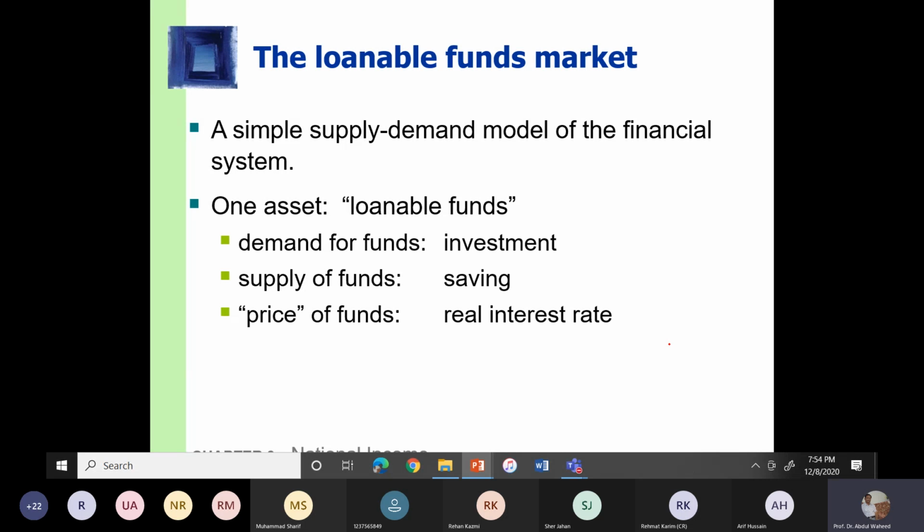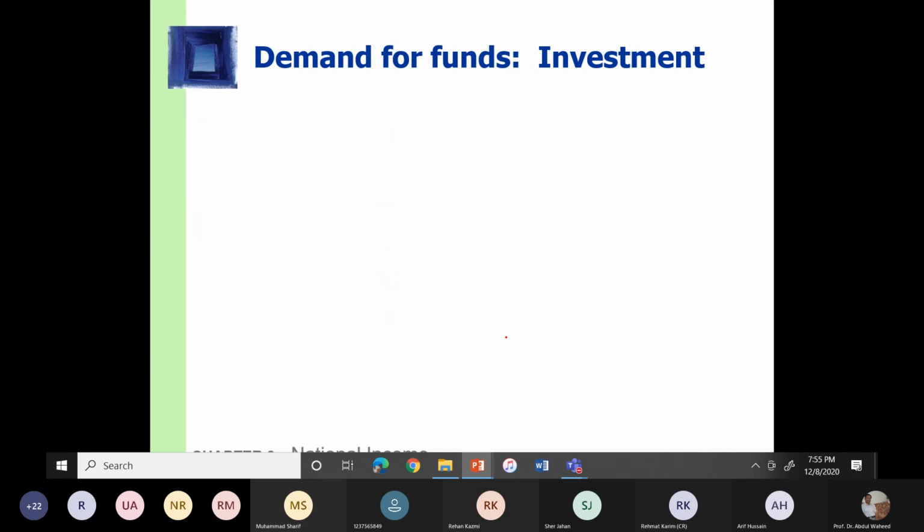The price of loanable fund is real interest rate. Okay, so we are looking to this savings which are by household. They look to this real interest rate, and also investor, they are looking to this real interest rate, which is the price of loanable fund.